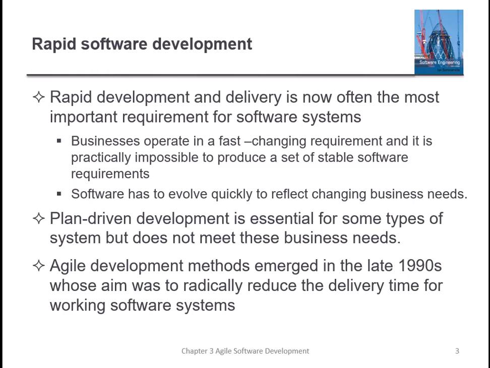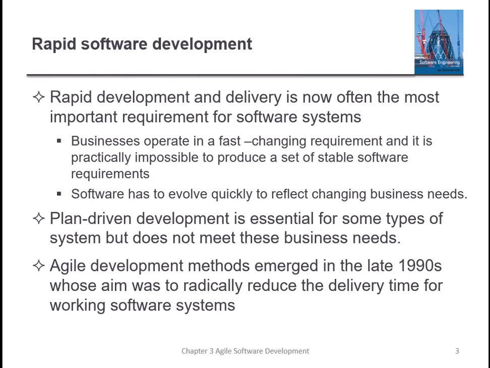If we see, there are two categories of development approaches: plan-driven development and agile development methods. Plan-driven development is essential for some types of systems but does not meet these business needs.